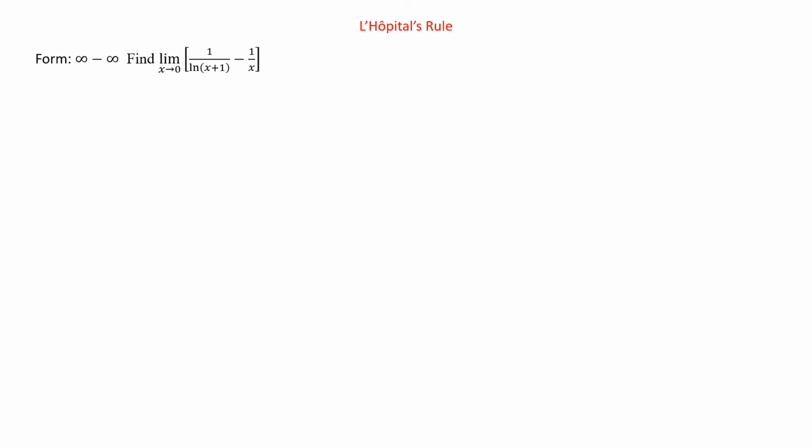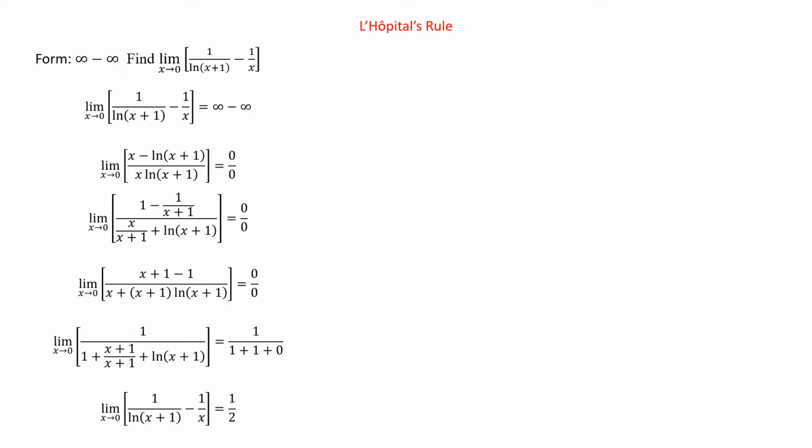How do we deal with that? It's not L'Hôpital ready. Well, if you have infinity minus infinity, my first step would be to write them as one fraction. Because for L'Hôpital to work, we have to have something over something. And so if we write them as one fraction, we might be able to get there.